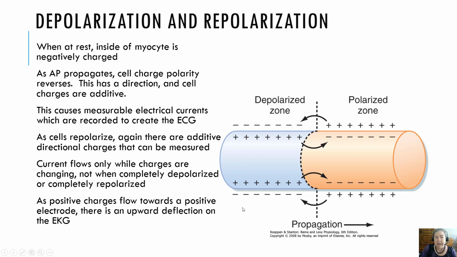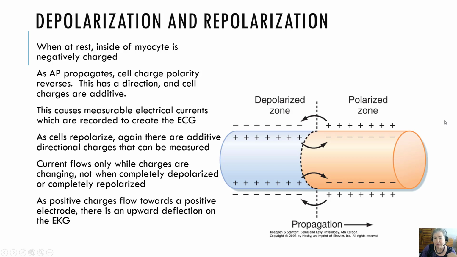And there's also a charge which is additive. So if you add together a bunch of cells, the charge is higher than a single cell. And you end up with these electrical currents that are recorded from the skin and that illustrate the electrical activity in the heart. When cells are repolarizing, you get that reversal, and again, the charge has a direction and an amplitude that you can measure.